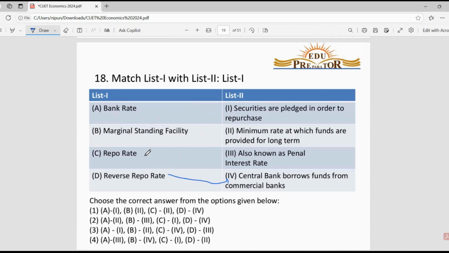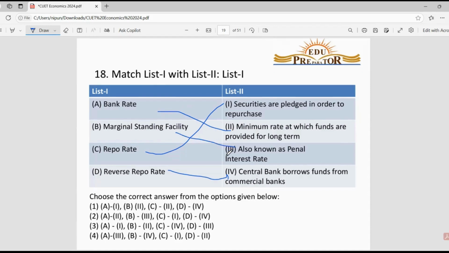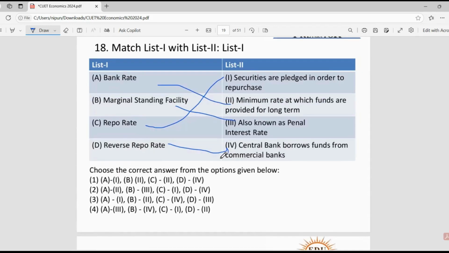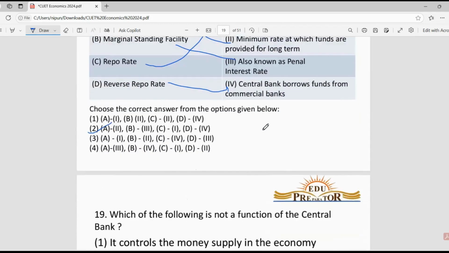With repo rate, that is C, we have option number 1. With bank rate, a minimum rate at which funds are provided for long term. That means with A, it is option number 2, and marginal standing facility, option number 3. So A2, B3, C1, and D4. That means my correct option is option number 2.